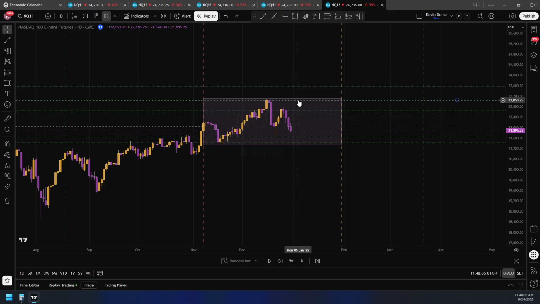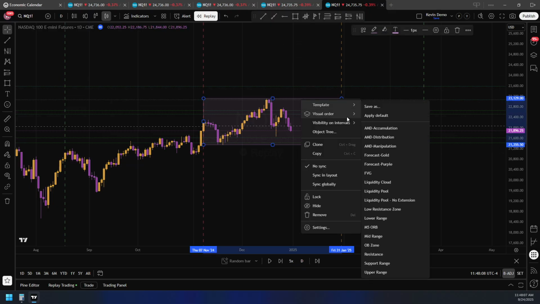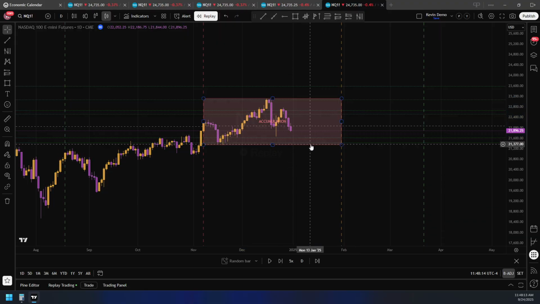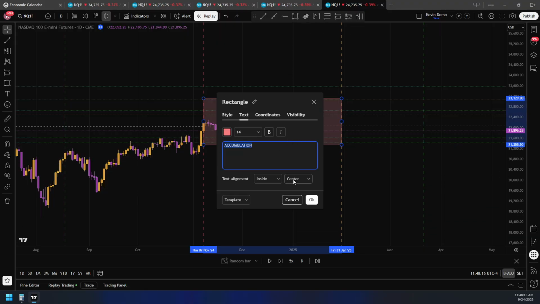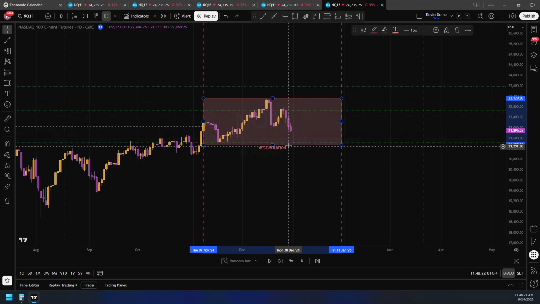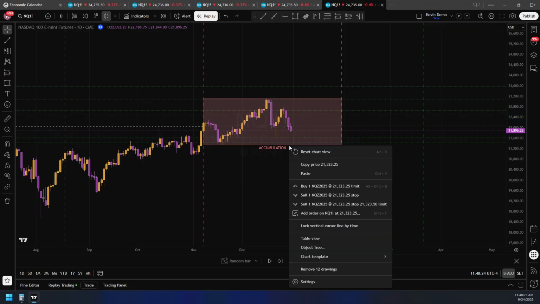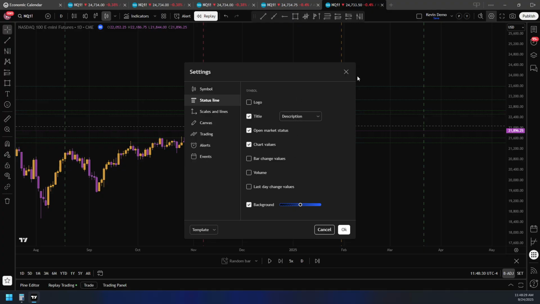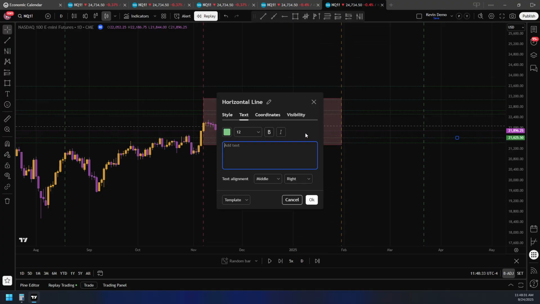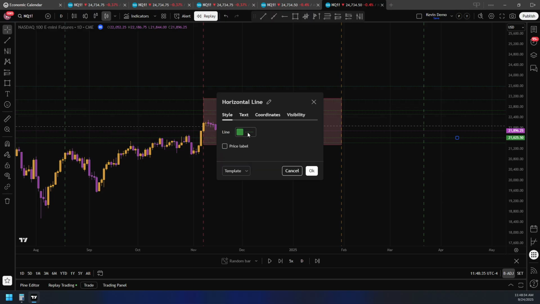So this right here, I'm going to mark as the accumulation template, AMD accumulation. I'm going to put this at the bottom, or you can do it at the top.